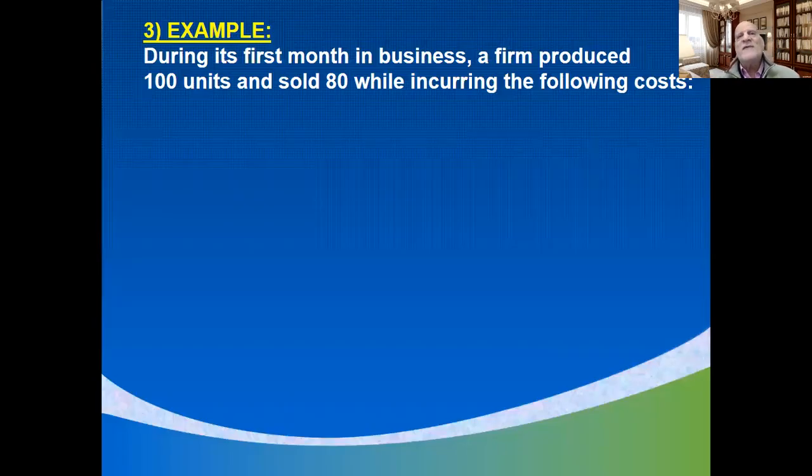Let us have a simple example. Assume that during its first months in business, a firm produced 100 units and sold 80 units while incurring the following costs.